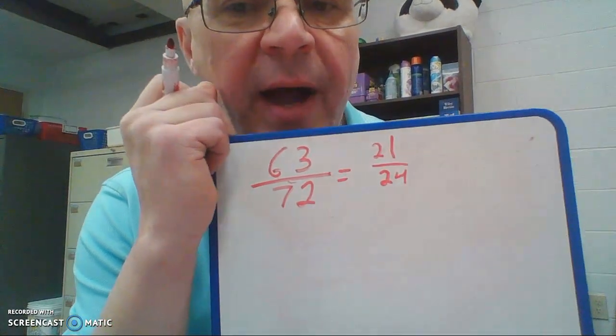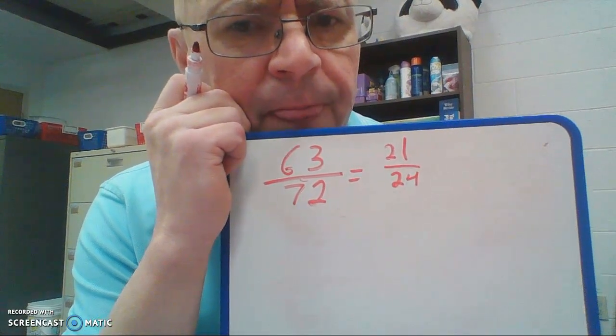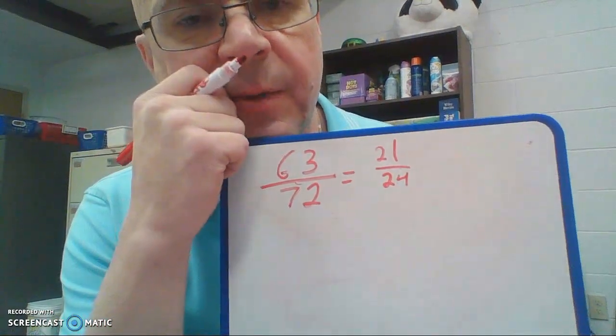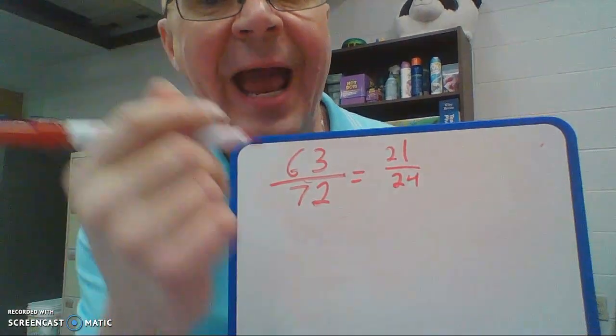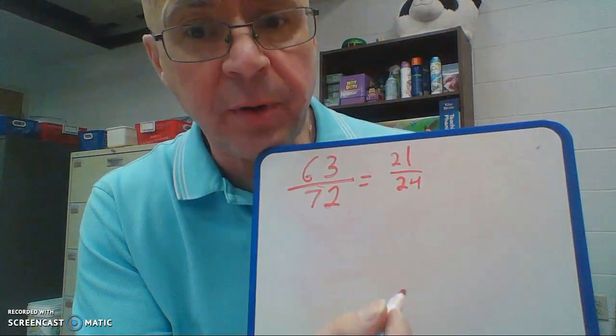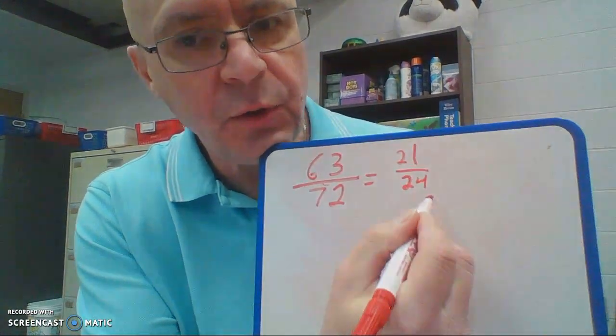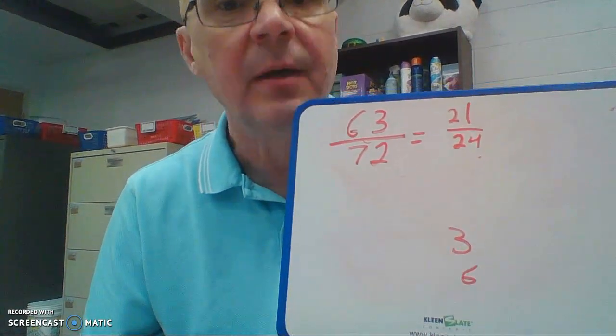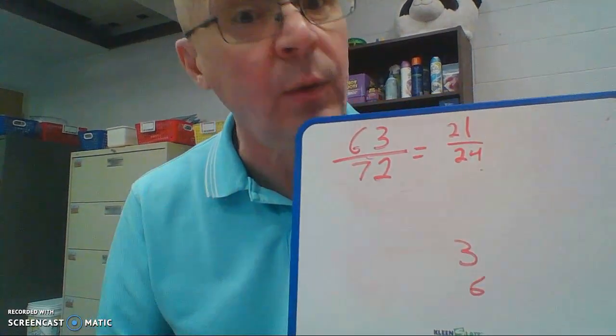Are they both divisible by 2? No, they're not, because 21 has a 1 in the ones place. That's not even. So I'm going to add the digits together. 2 plus 1 is 3. 2 plus 4 is 6. Are both of those divisible by 3? Yes, they are. So 21 and 24 are also both divisible by 3.